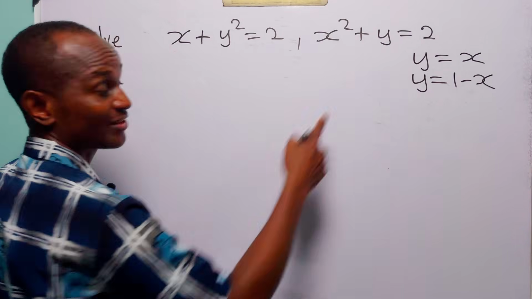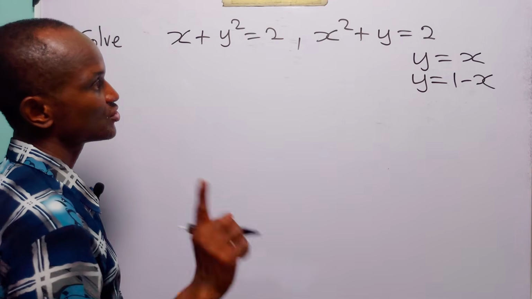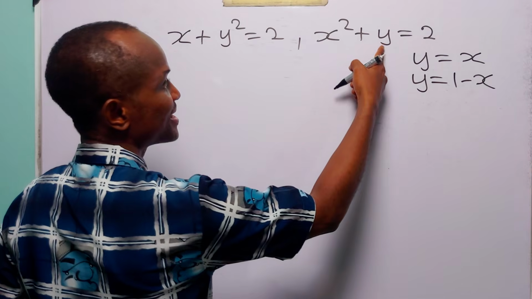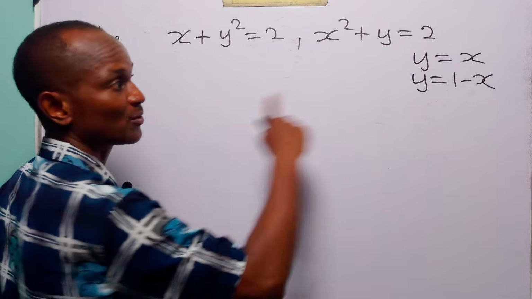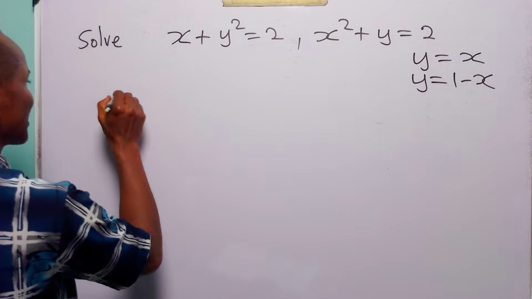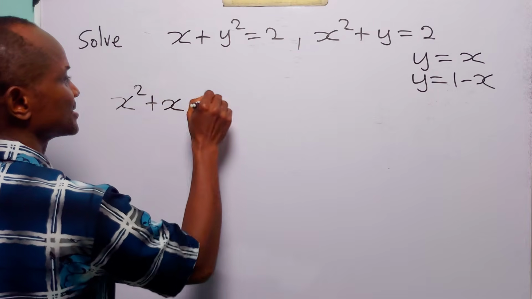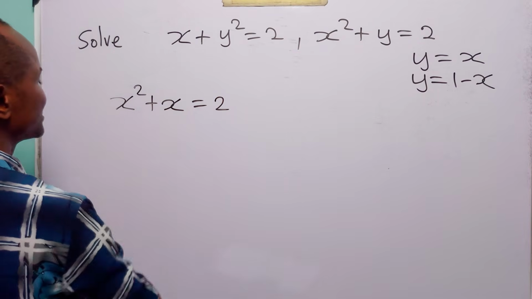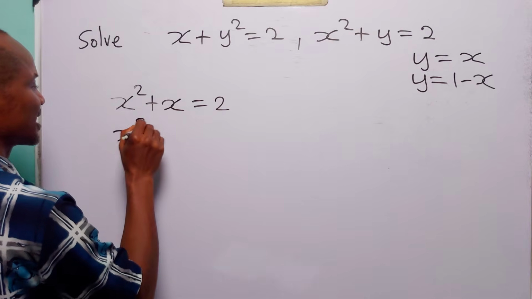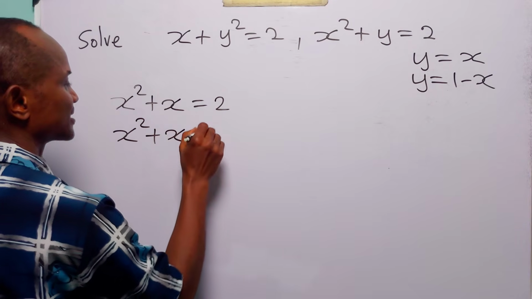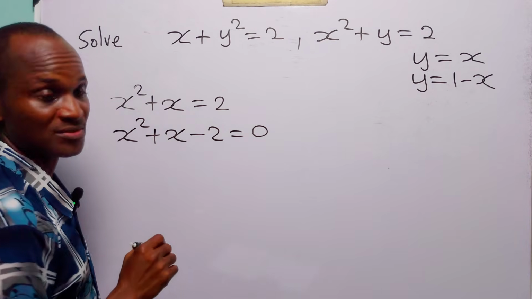Now, in the first case, we have that y is equal to x. So what we are going to do is replace y in the second equation by x. We have x squared plus x is equal to 2. Rearranging this quadratic equation, we have x squared plus x minus 2 is equal to 0.